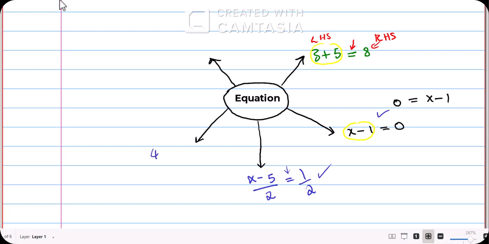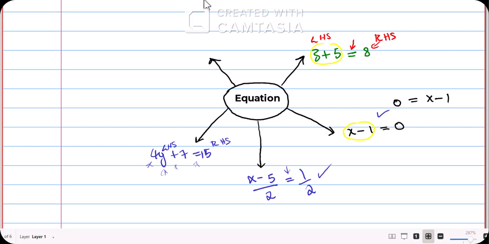Let's say this is 4y plus 7 is equal to 15. This is an equation. We have this variable here, we have this addition sign, we have this constant, we have the coefficient. This is the left hand side, this is the right hand side. There is an equal sign involved, so this is an equation.